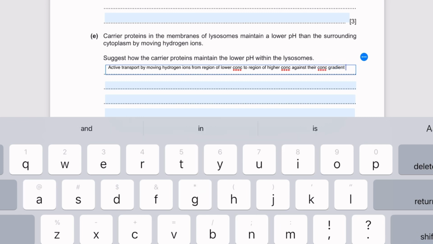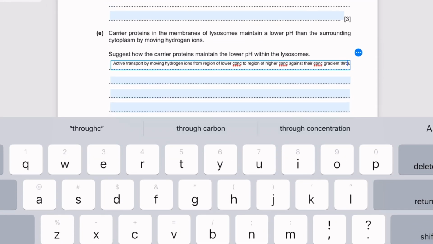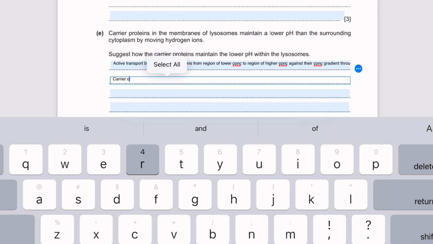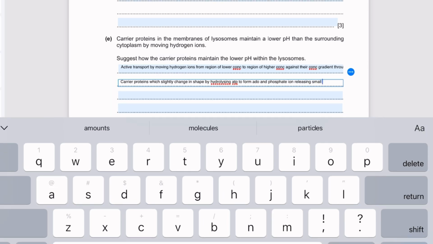By active transport through, who comes into play here? Carrier proteins, which are going to slightly change in shape, by hydrolyzing an ATP molecule, hydrolyzing ATP to form ADP and phosphate ion, with small packets of energy, which allows it to move.